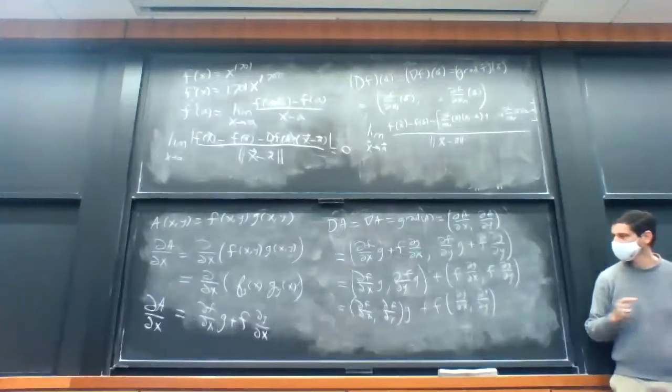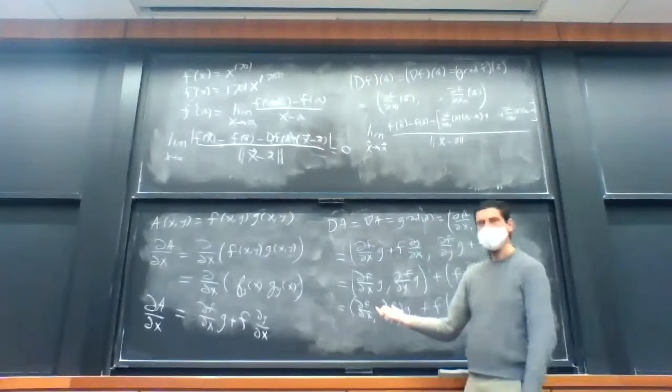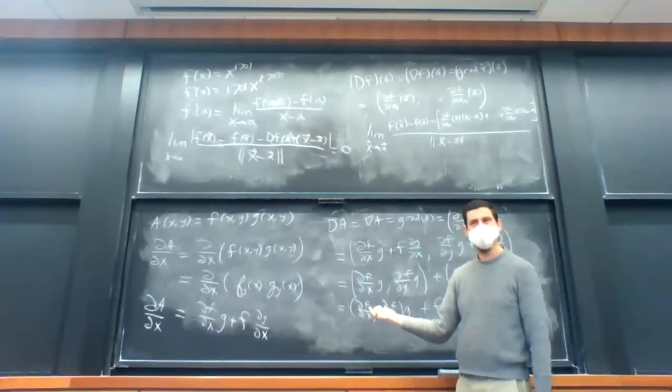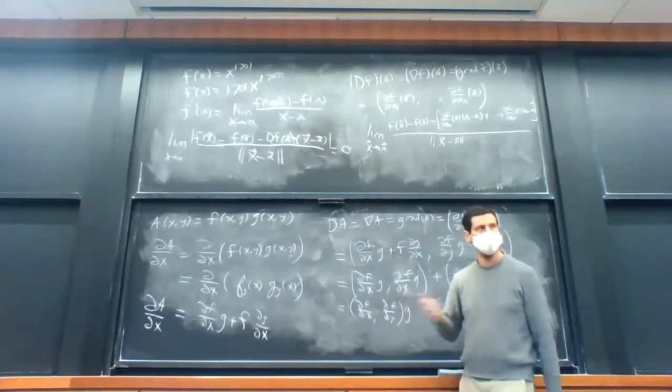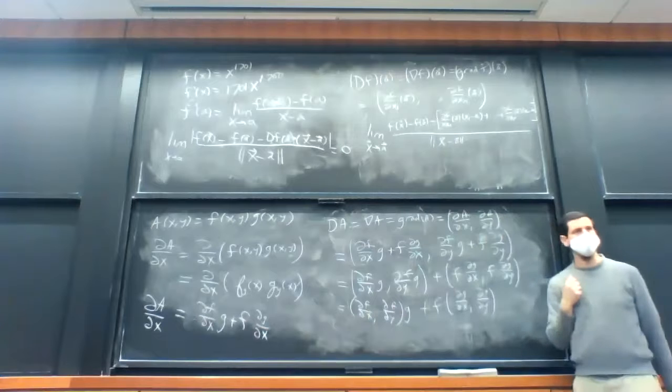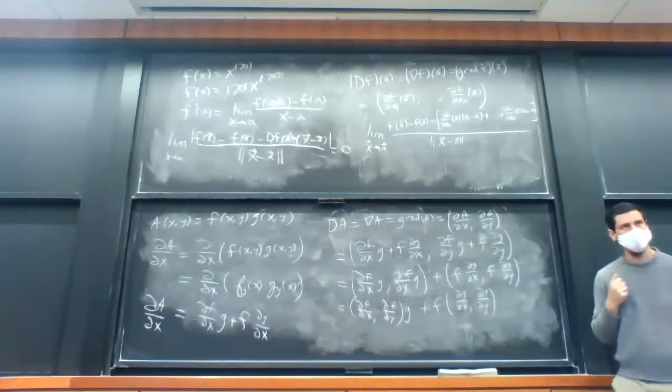Okay. What is df dx, df dy? How can we write that more compactly? What is that equal to?